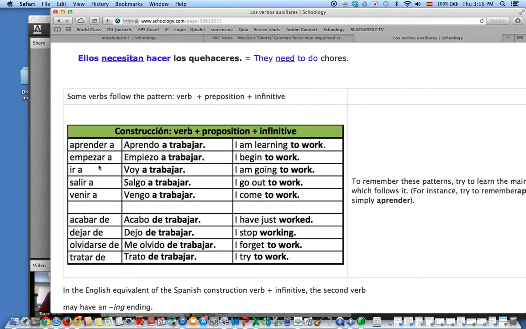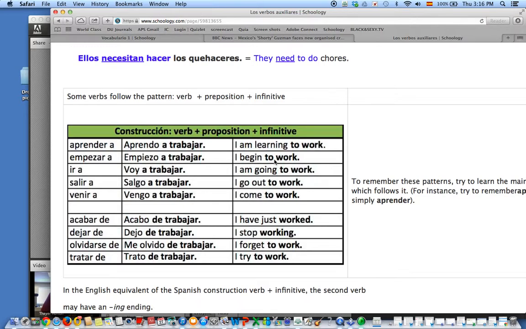Okay. Another one, empezar. Whenever you start to do something or to begin to do something, you put the a at the end. So empezar a, right? So I might be starting to exercise. I'll say, yo empiezo a hacer ejercicio.